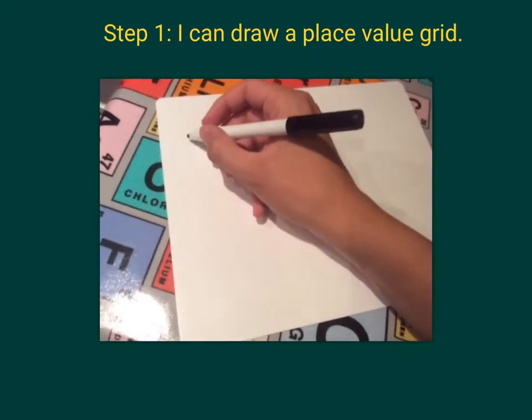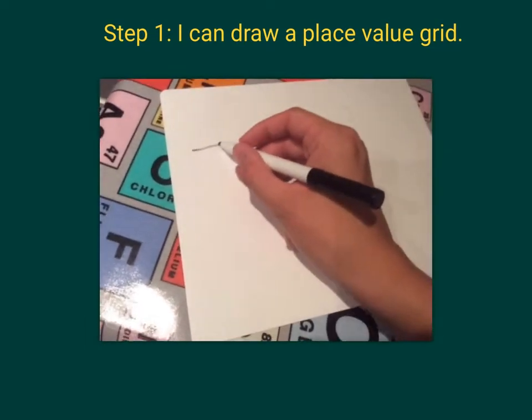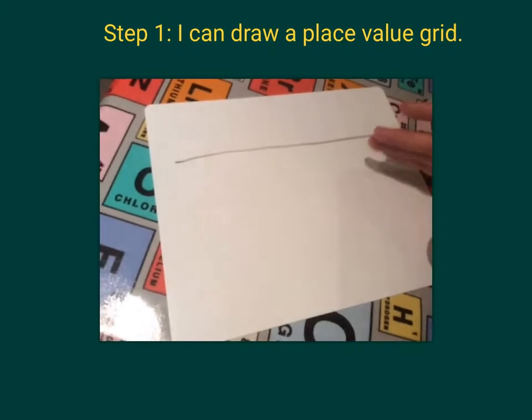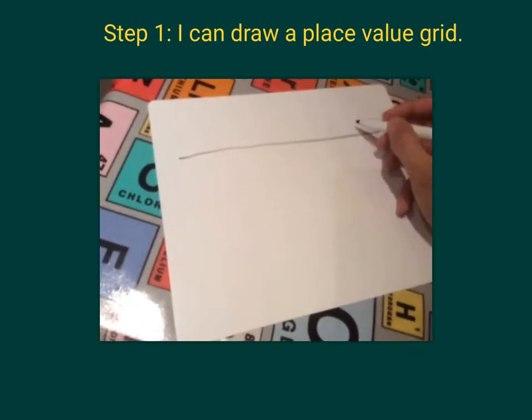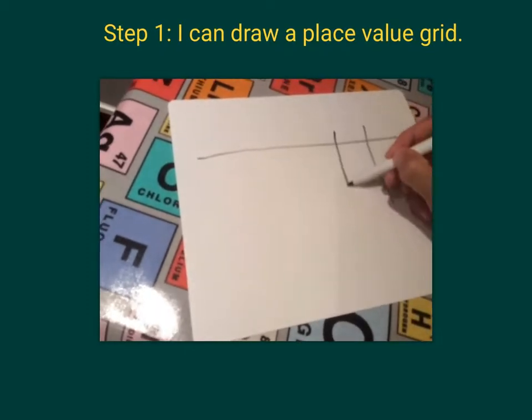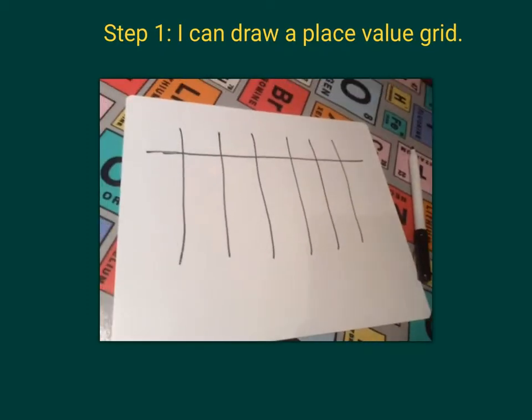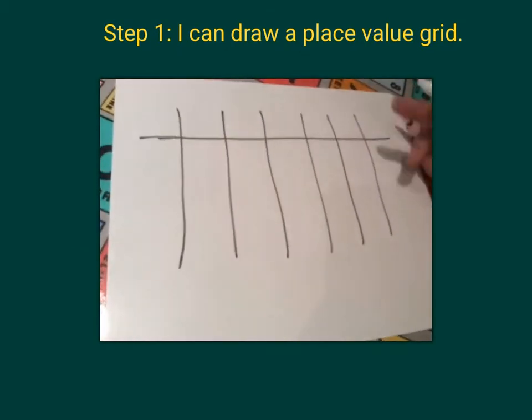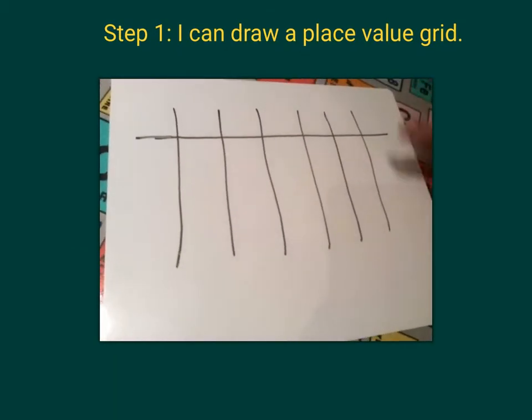So over here, we've got one line running across, like so. It's probably a good idea when you do this to actually use a ruler. And over here, we're going to place one column going down this way, and another one going down this way, until you have something that looks a bit like this. So we've got different rows and different columns here.